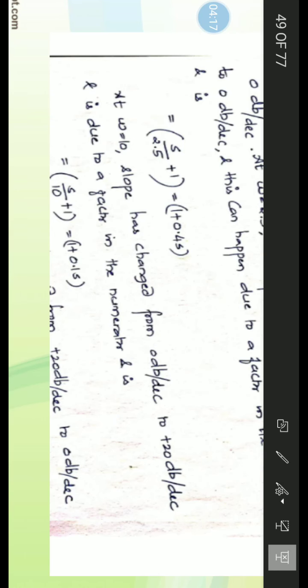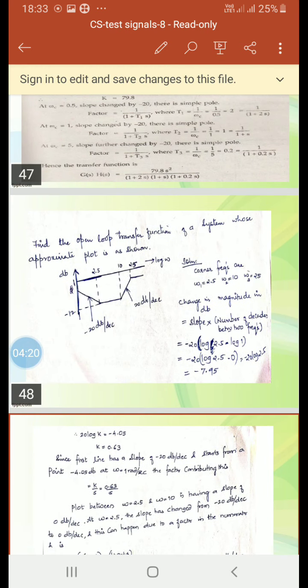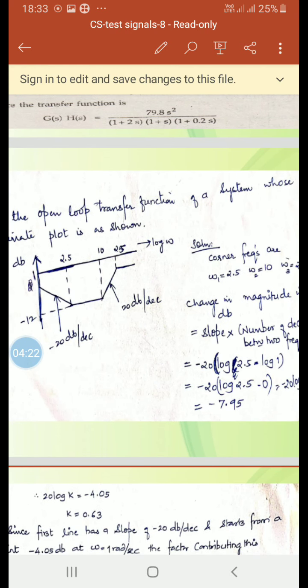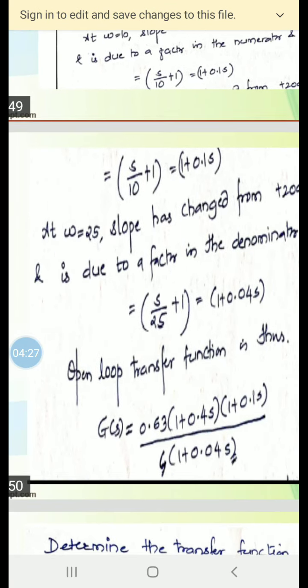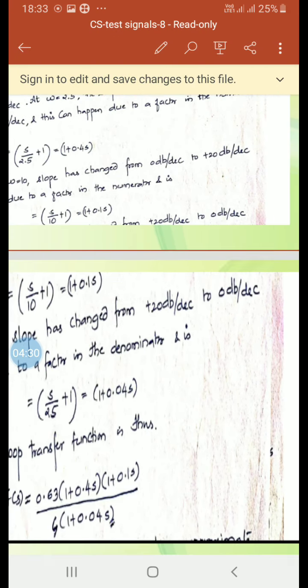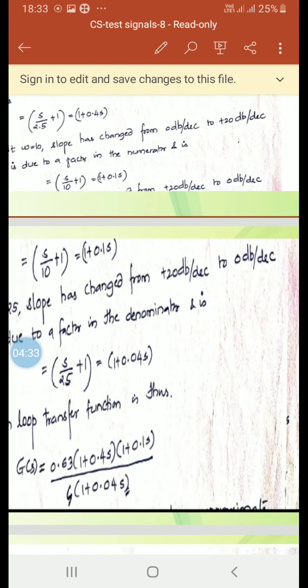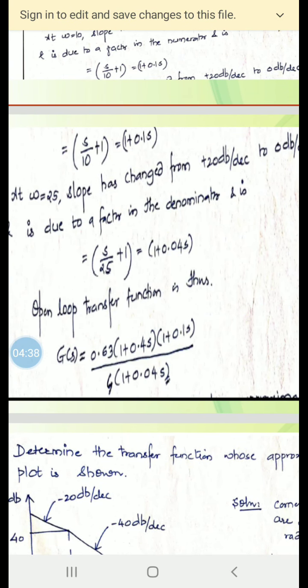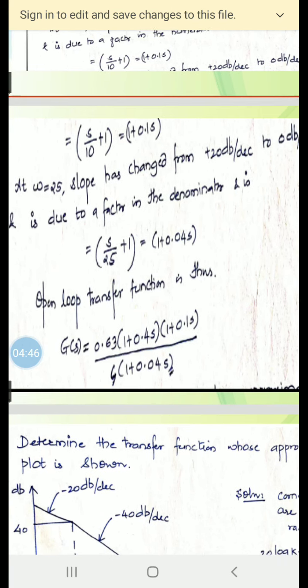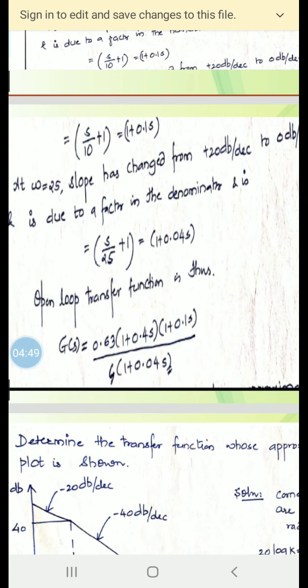Then the slope has changed from 20 dB per decade to 0 dB per decade and is due to a factor in the denominator, s by 25 plus 1, which is 1 plus 0.04 s.